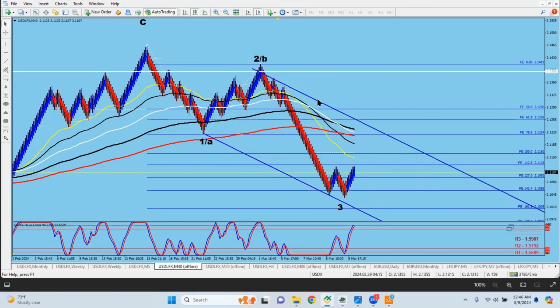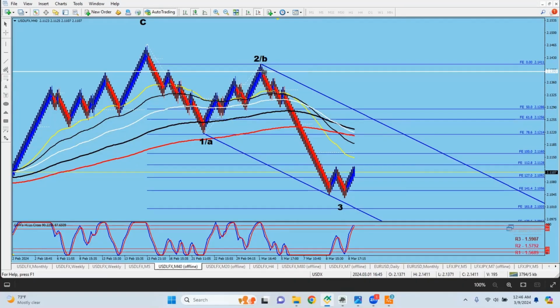At the end of wave 2, right? We connect the end point of wave 1 to the end point of wave 3. Take the parallel line and place it at the end point of wave 2 to create the channel and the fib.